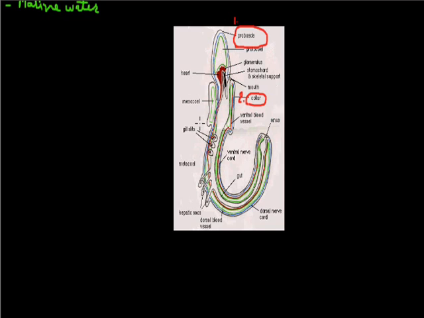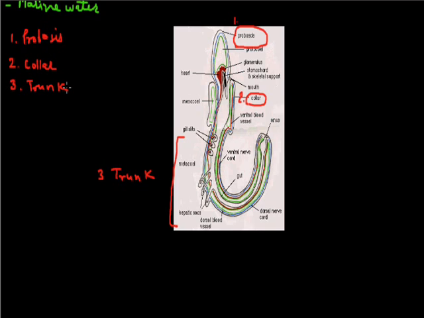This whole structure after the collar, the remaining part, is called the trunk. So these are the three parts of the animal body: first the proboscis, second the collar, and third the trunk.